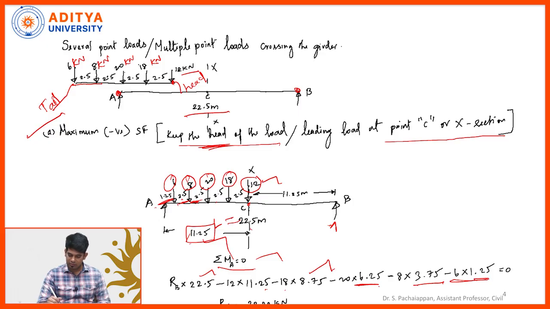So we have the reaction forces multiplied by the perpendicular distance, and the loads acting downward multiplied by their perpendicular distances, equated to 0 because the moment at support A is 0.